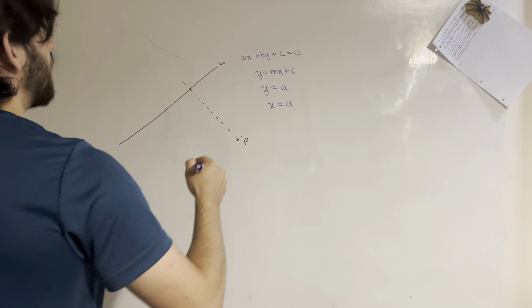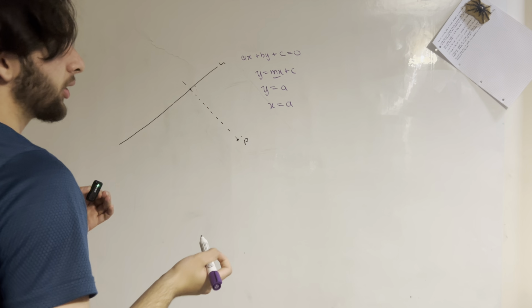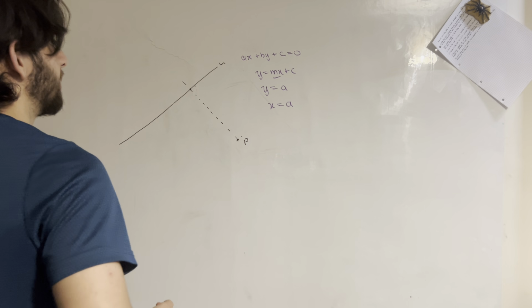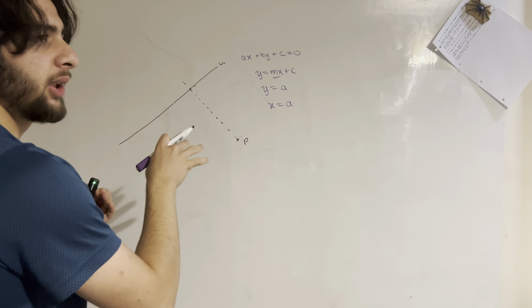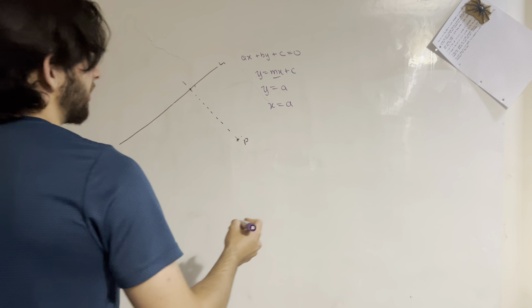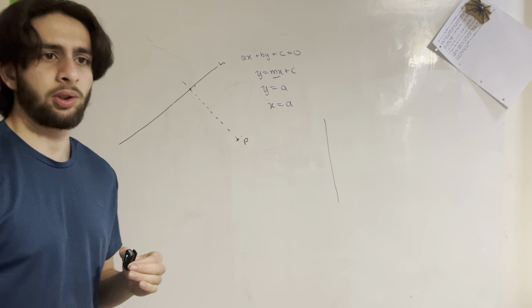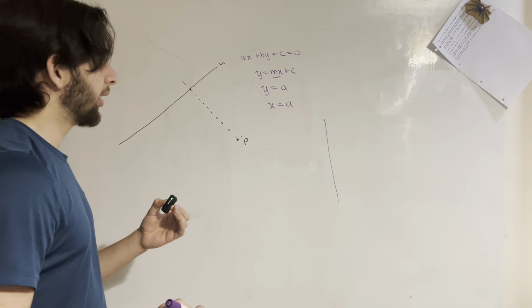If you're going to say m is 0 over here, then you can say y equals a does work in a sense where a equals c, but x equals a can definitely not work at all, because a vertical line, does it really have a gradient? No. It doesn't change over a certain value of y.